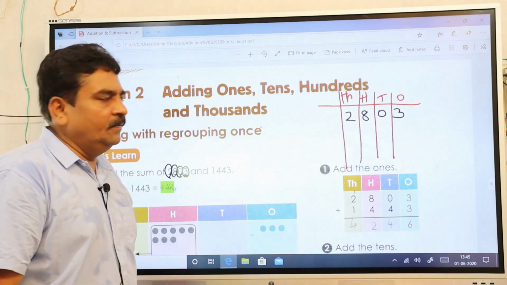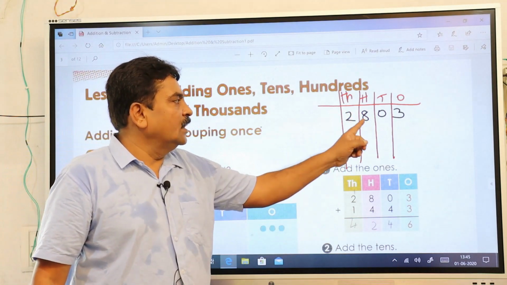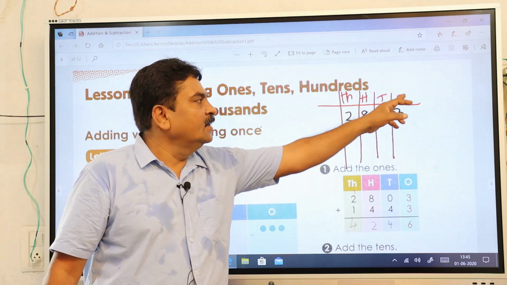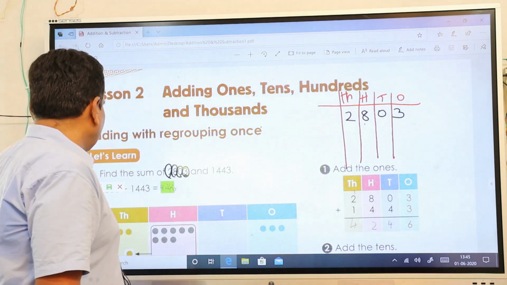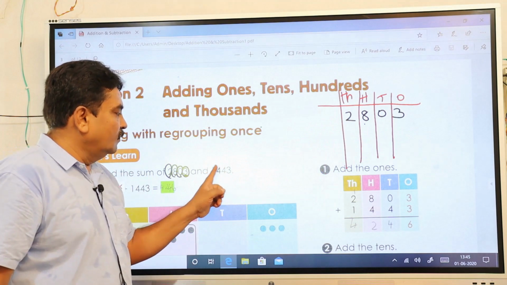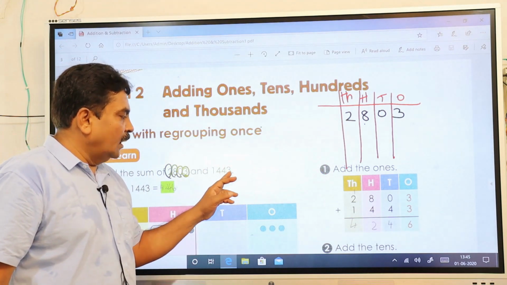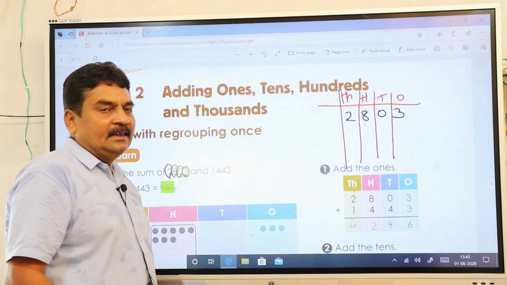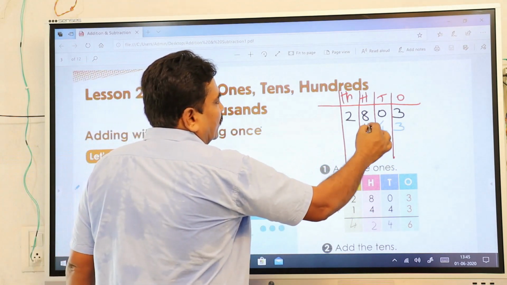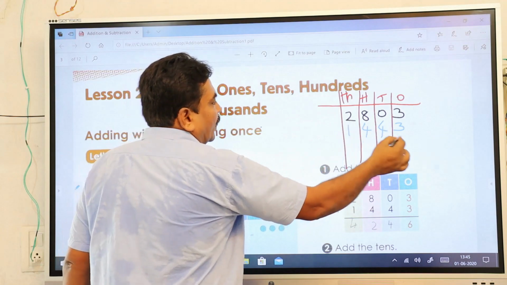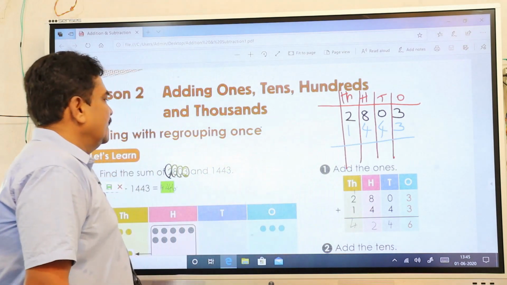Now you can read very easily: 2803. Next is this, you have 4 values here, right? 1, 4, 4, 3. You write down this starting 3 in your ones place, then 4, then 4, then 1.